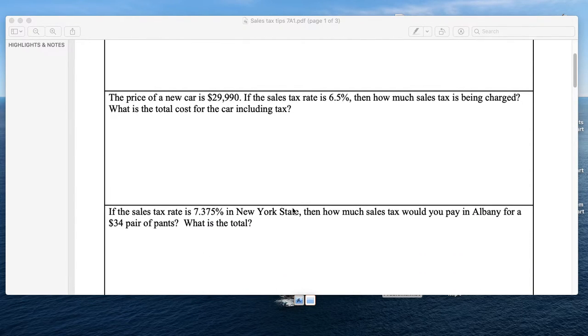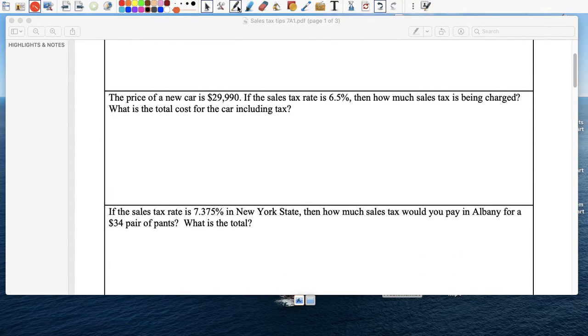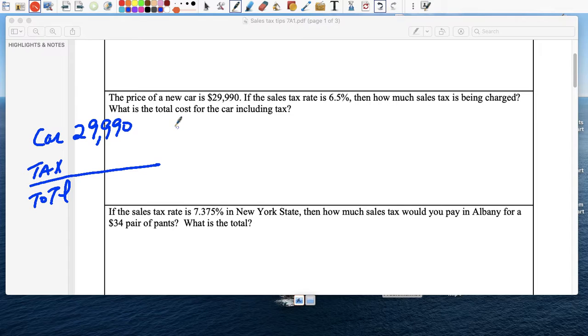All right, so here's a car being bought, and we're going to charge tax. So the car is $29,990. The tax, and then we're going to have our total. Well, 6.5%, which we're going to change to 0.065, right?